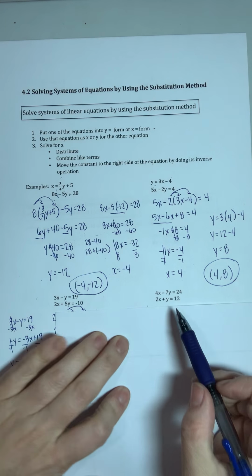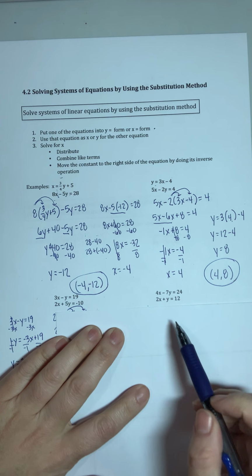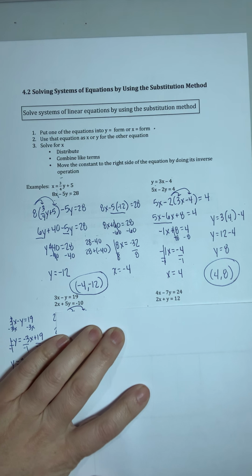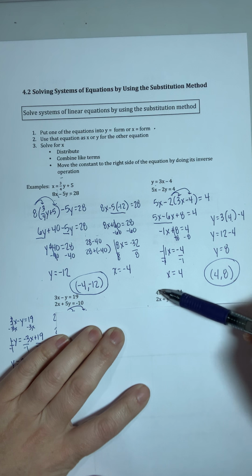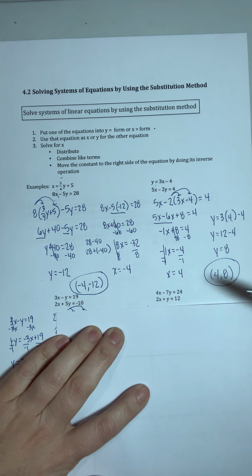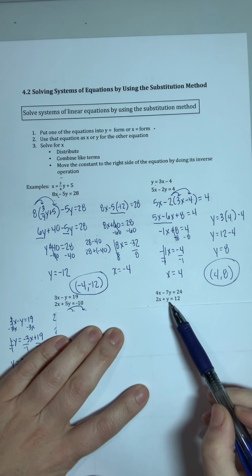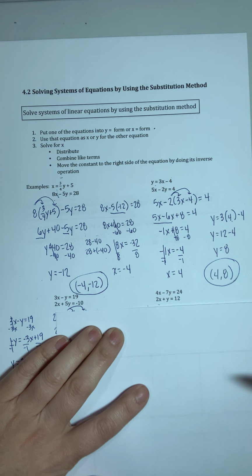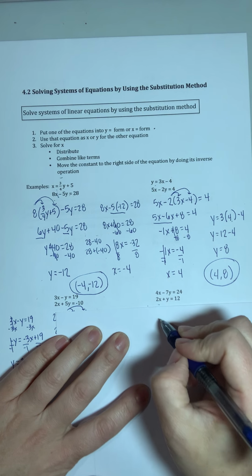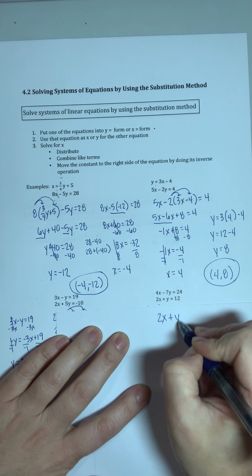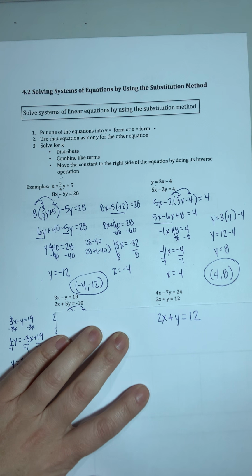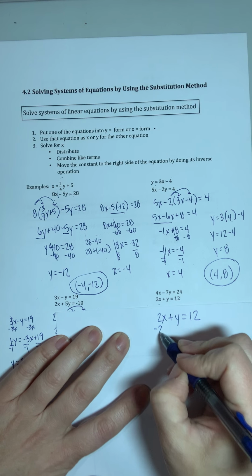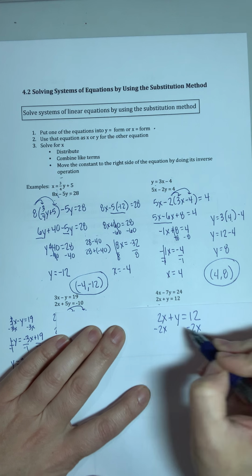Next one. I don't have anything in x equals or y equals form, but if I look at my 4 terms, this one right here would be my easiest. So I'm going to change the second one to be a y equals. So I'm going to take the 2x plus y equals 12, and I'm going to make it a y equals. So I'm going to get rid of the 2x.